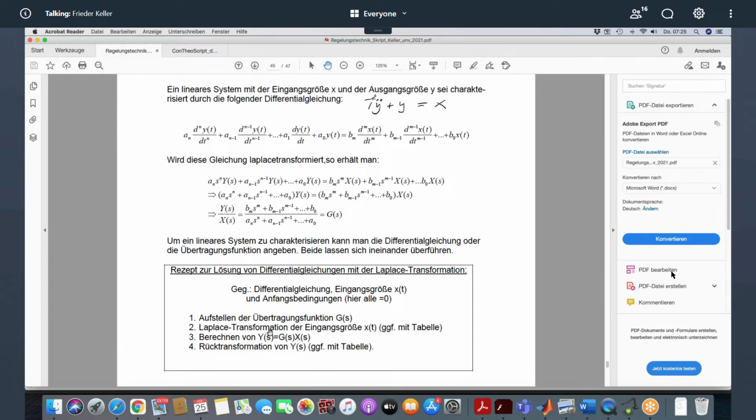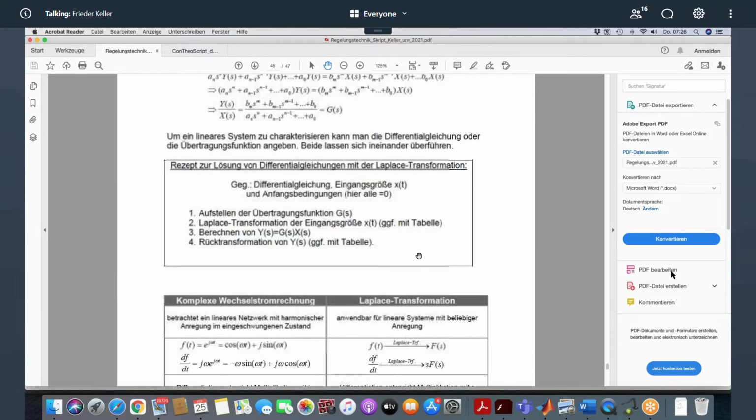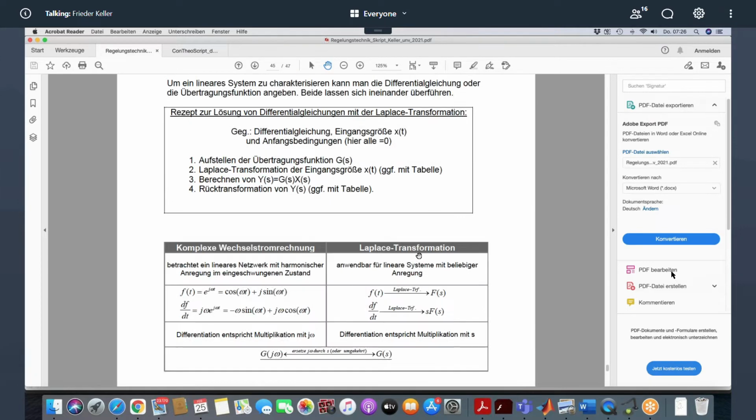We calculate y of s is g of s times x of s, and we make the inverse Laplace transform, if possible with a table. If not possible, we also have to use the partial fraction expansion method to split it up into simpler expressions. So that does not tell you something new, because we have already talked about that stuff.